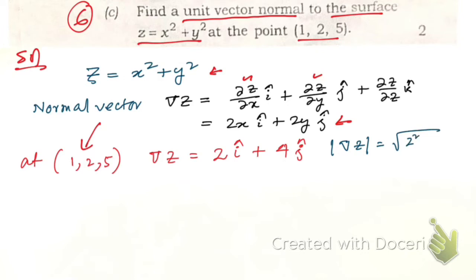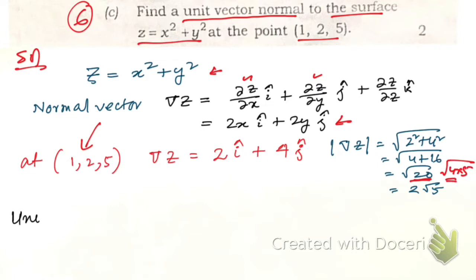You will get square root of 2 square plus 4 square, which is 4 plus 16, that's 20, which is nothing but 2 root 5, right? Because 4 fives are 20 and the square root of 4 is 2.